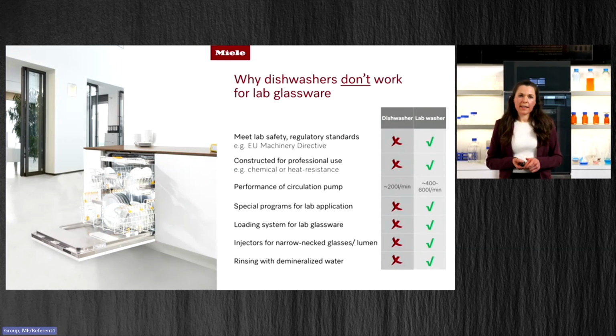Dishwashers also lack specialized programs needed for certain types of contaminations like inorganic and organic residues, agar, oils, etc. And for different types of glassware like pipettes and vials, they need different programs than those available on a dishwasher.